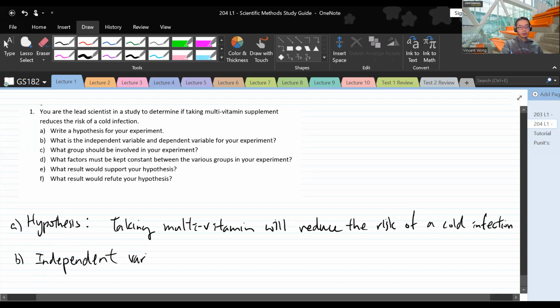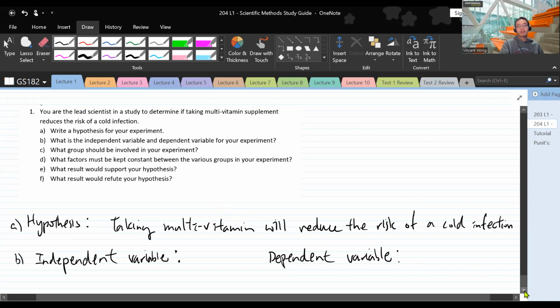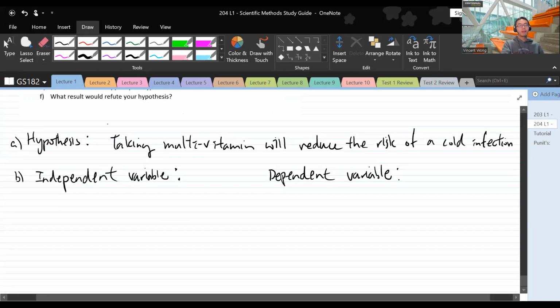Independent variable. And then dependent variable. Okay, please help me out. Multivitamin. What about the multivitamin? Yes, the independent variable is multivitamin. You decide whether to take it or not. That's right, to take it or not, right? So we can't just say multivitamin, although I do understand where you came from.